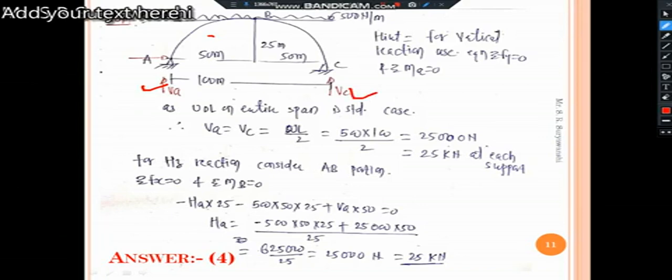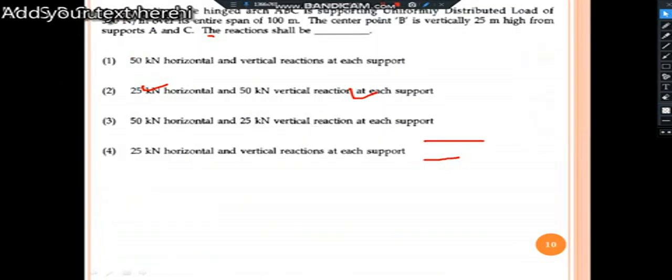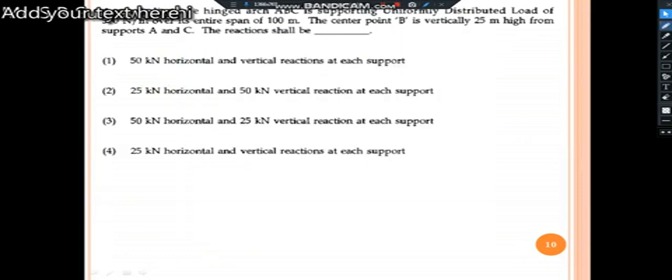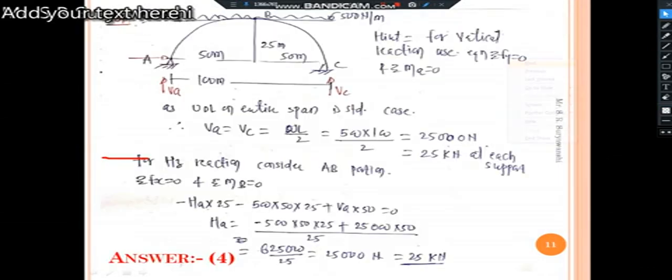Standard loading is there, UDL on entire span, so reaction will be WL by 2. So this will be 25,000 Newton, that is 25 kilonewton at each support. For the horizontal reaction, consider the summation of moment at point B. If you solve it, the horizontal reaction will again be 25 kilonewton, means vertical and horizontal reactions are 25. So option 4 is the answer.